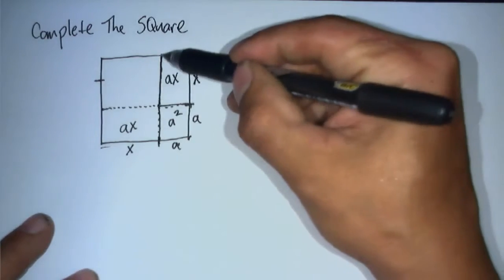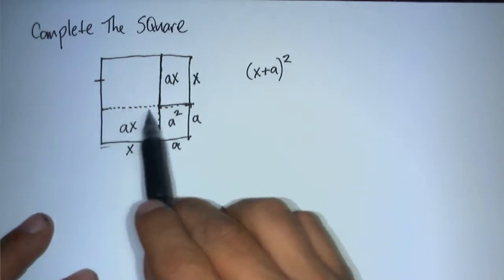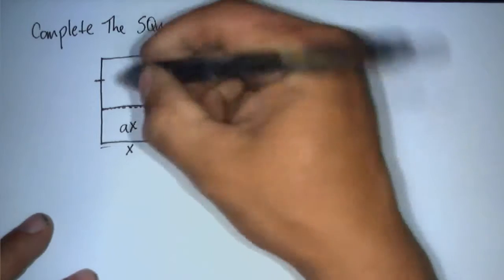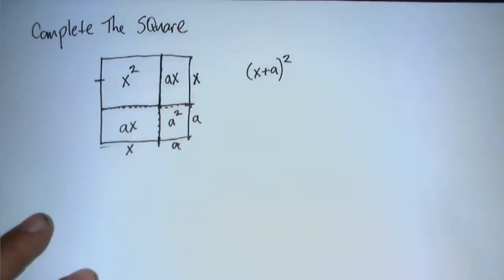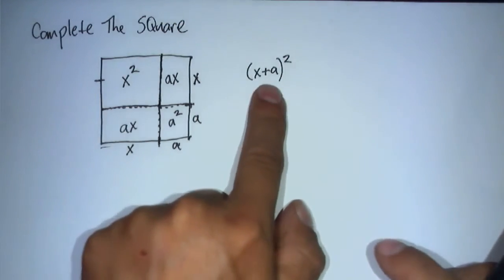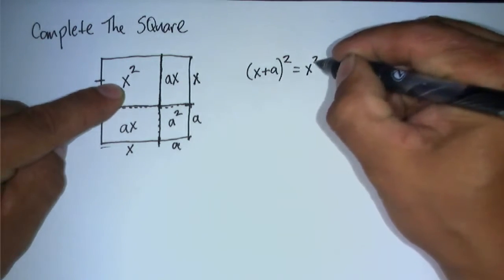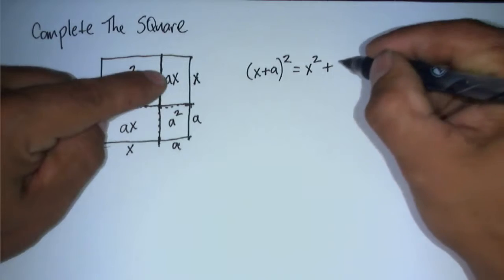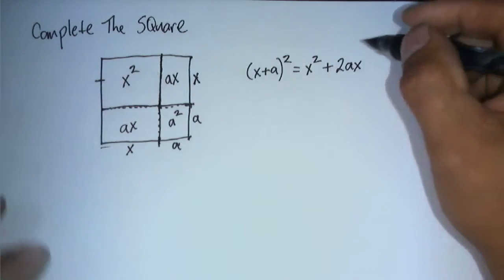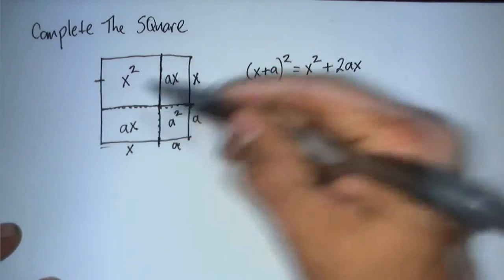And this side is x, and this side is x, so this area here is x squared. So we can say that x plus a squared is equal to x squared plus 2ax, which is one ax here and one ax here, plus a squared.